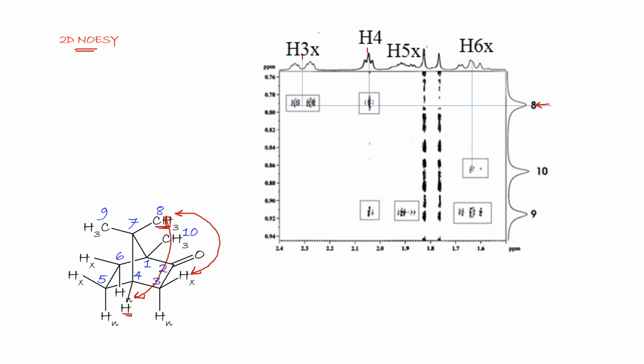Well, the CH3 on the 10 position correlates to H6X, that's right, and the one on C9 correlates to H6X, H5X, and H4.